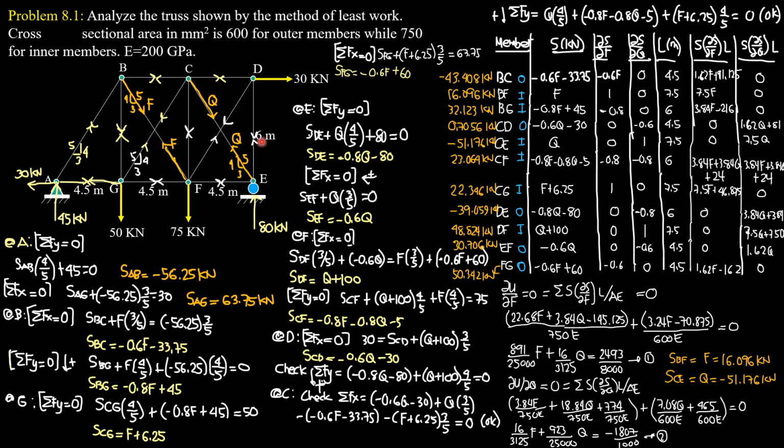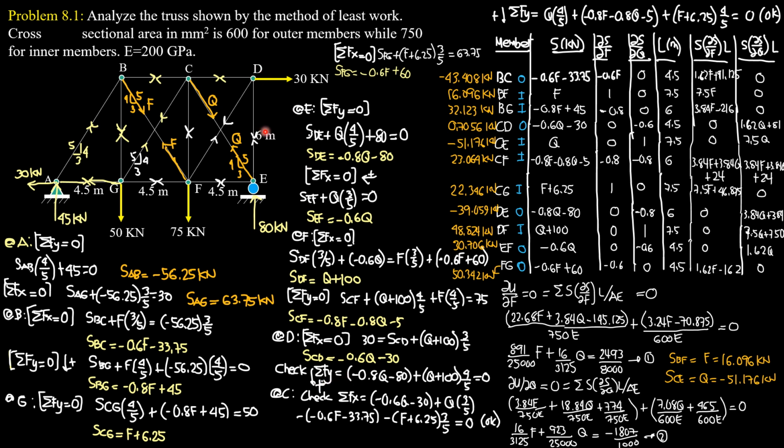Then we proceed to joint D, summation of forces X equals 0. So 30 equals SCD plus the horizontal component of SDF, which is Q plus 100 times 3 over 5. So SCD is equal to negative 0.6 Q minus 30.